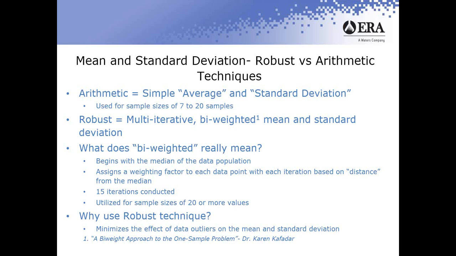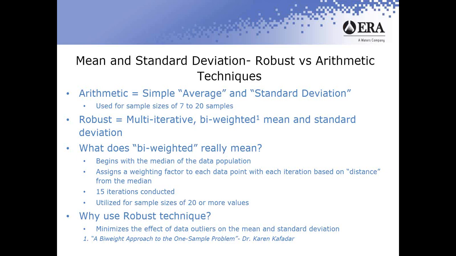It starts with the median, and it basically goes through multiple iterations and assigns a weighting factor to each data point with respect to where it's located or its distance from the median. And there's up to 15 iterations of this conducted until the weighting values become supportable and acceptable for calculating out the true robust mean. And as I said before, this is utilized for sample sizes of 20 or more values.